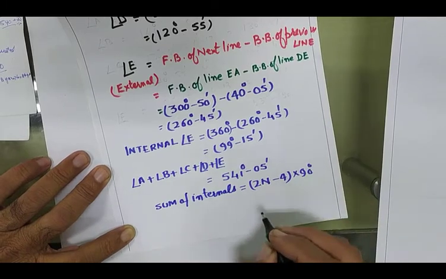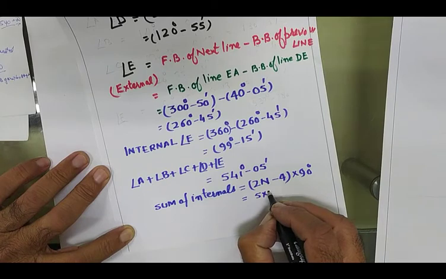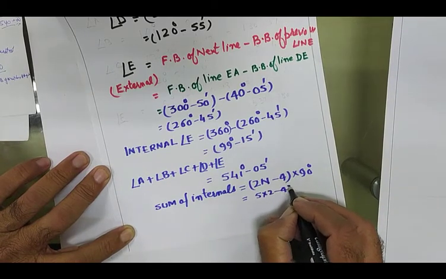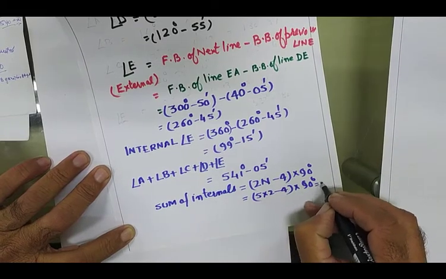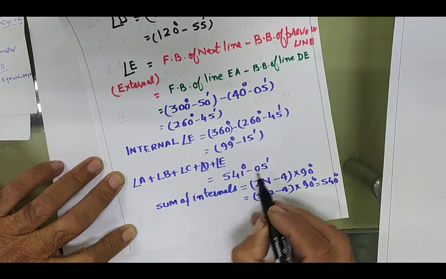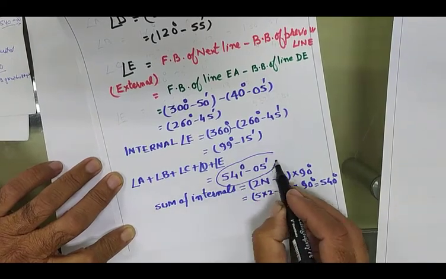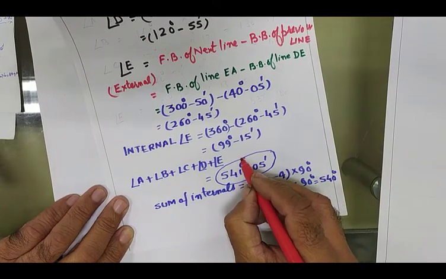This condition should be there. So here we have 5 sides, 5 into 2 minus 4, into 90. This comes to be 540 degrees. But we have calculated this much. It means there is an error in this.